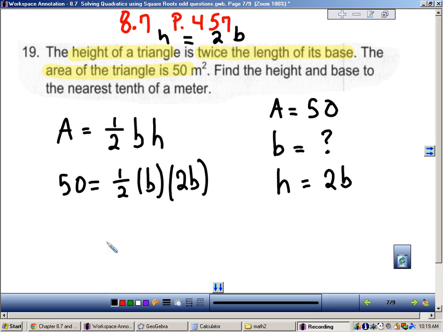That 1/2 is a fraction, with a denominator of 2. 2 is a whole number, 2 over 1, and so you can cross-reduce the denominator of 2 and the whole number of 2. And that essentially becomes 1 and 1. And so when you multiply 1 times B, you get B squared.